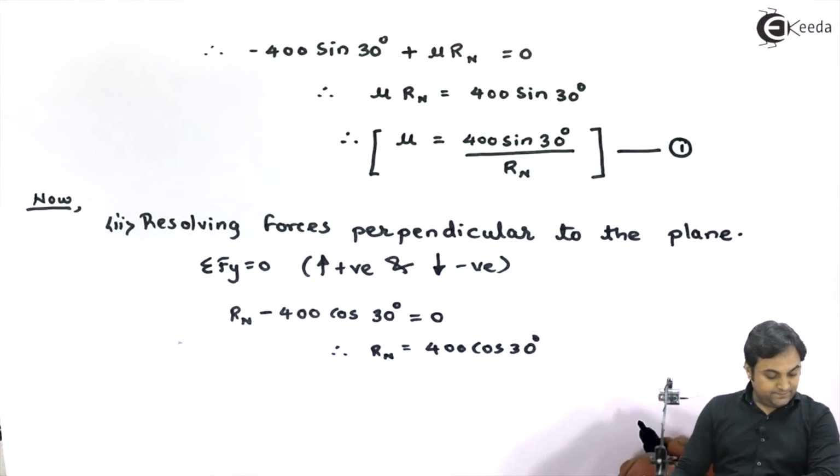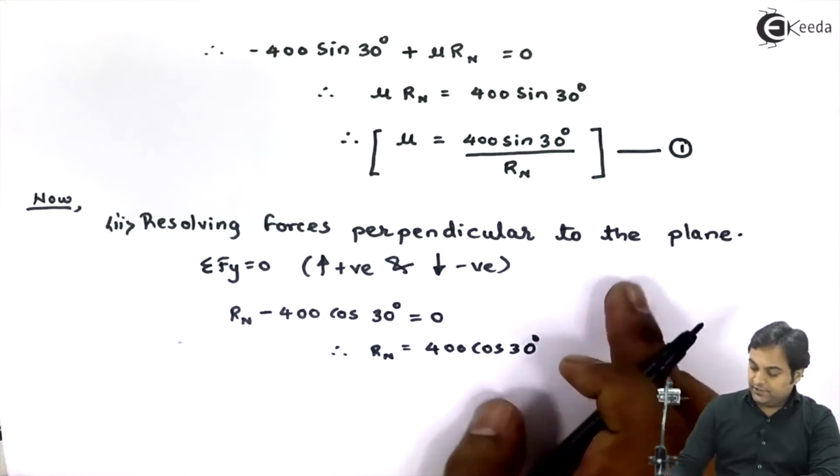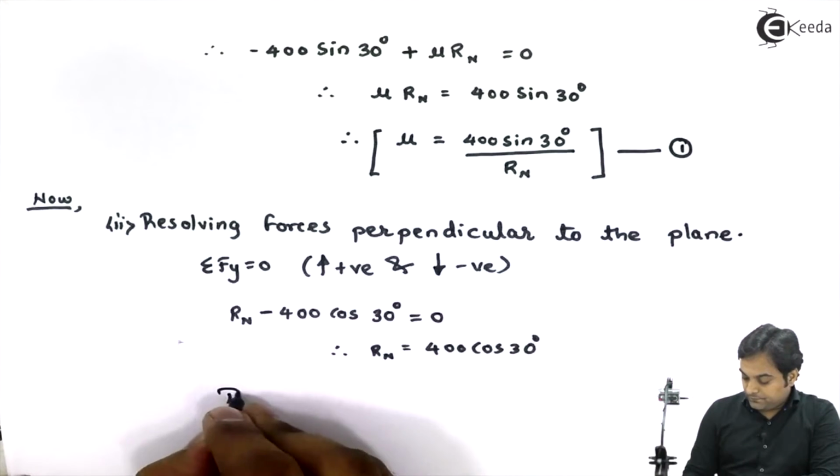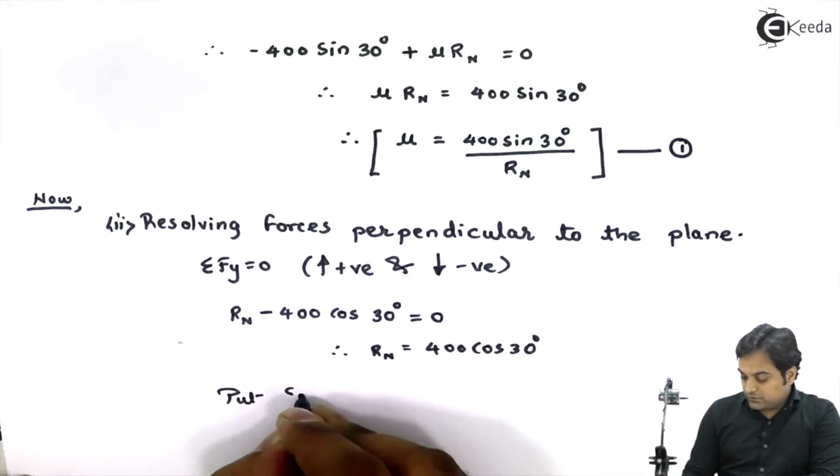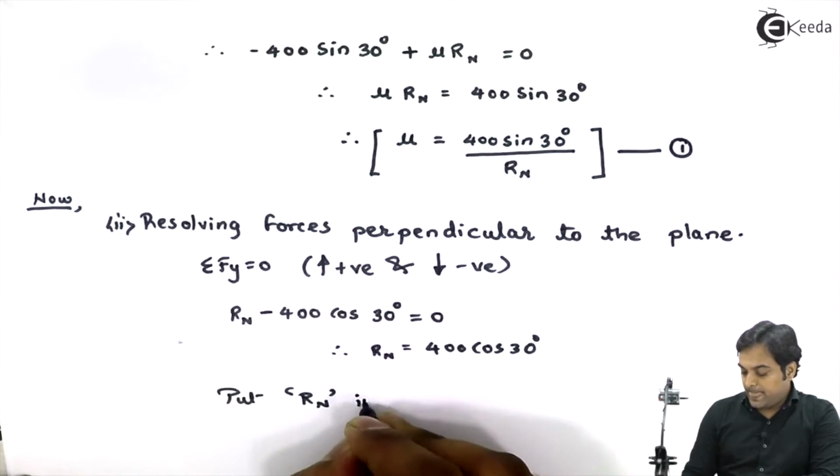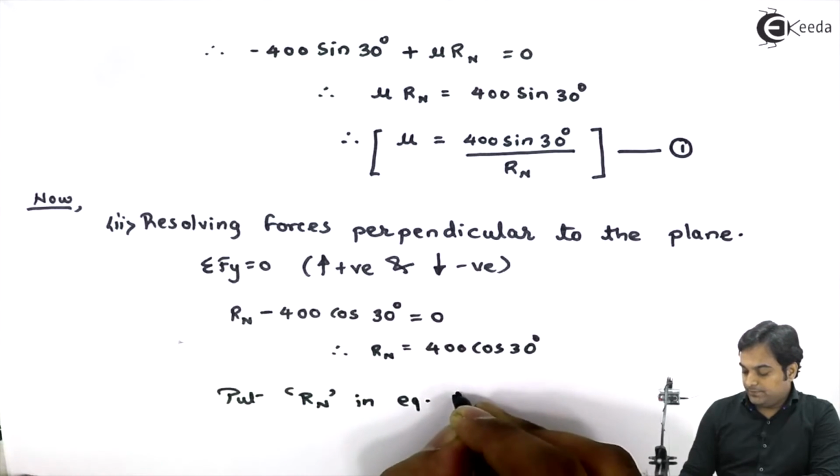I will say that put Rn in equation number 1, that is put the value of normal reaction in equation 1.